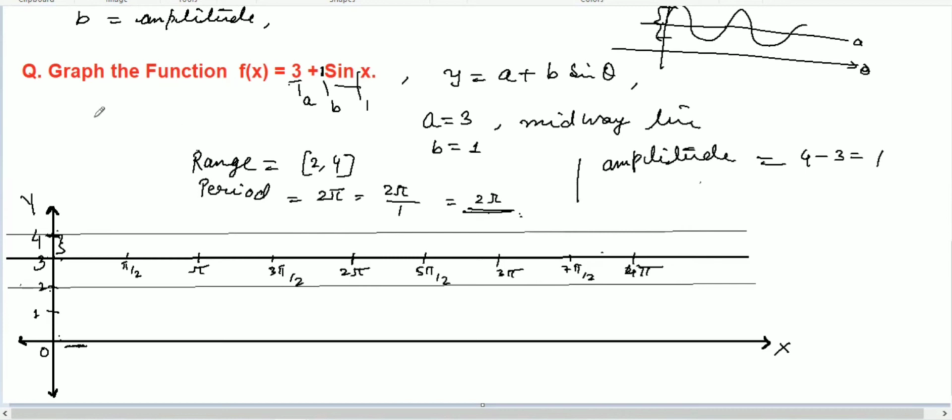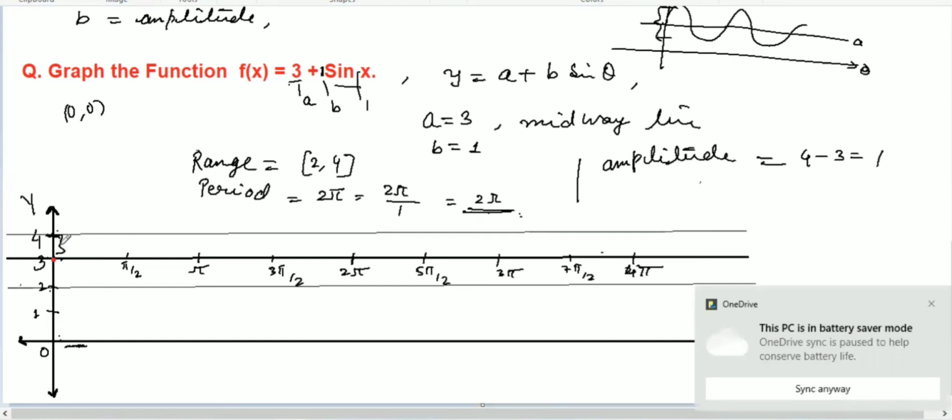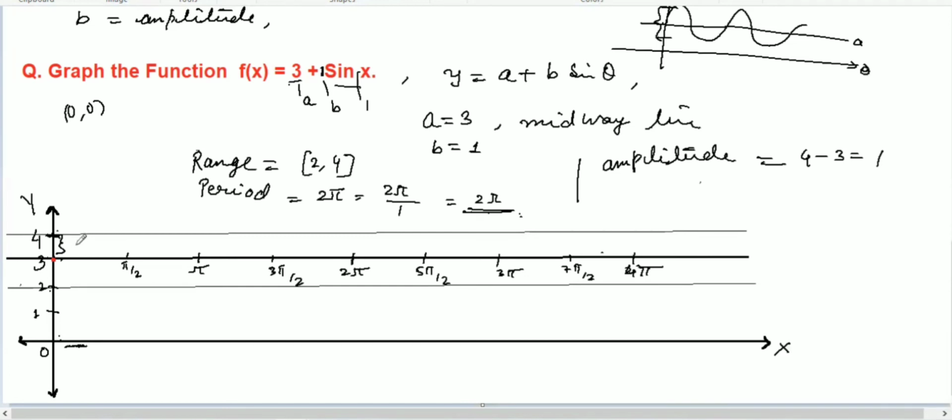So our sine graph will always cross the origin 0, 0. Let's plot the points here for our convenience. This line I explained, this is the midway line, so from here we will draw the graph. The graph will cross here, and this is 3 pi over 2.